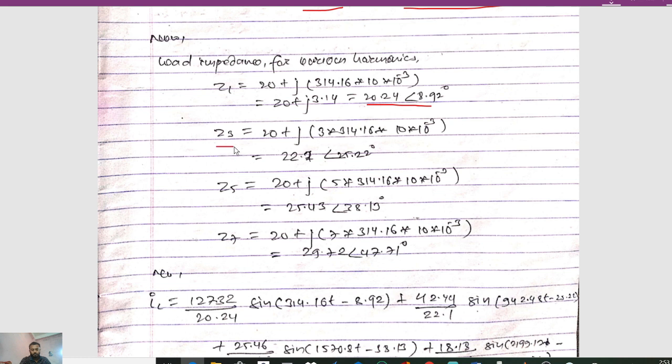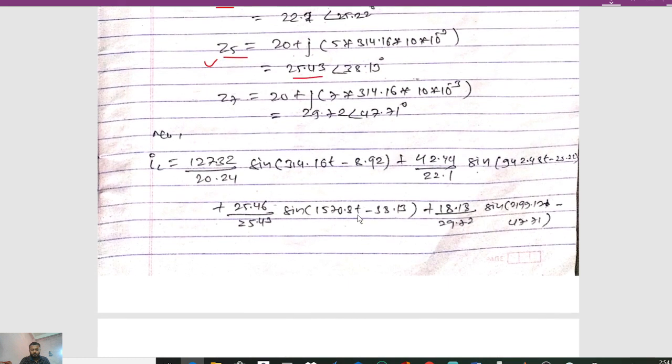Similarly for n equals 3, Z3 is 20 plus j 3 into 314.16 into 10 into 10 to the power minus 3, which is 22.1 with an angle of 25.22 degrees. For n equals 5, Z5 will be 25.43 with an angle of 38.13 degrees.